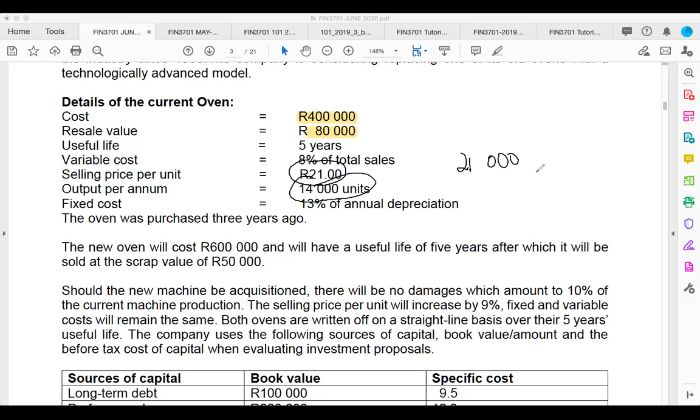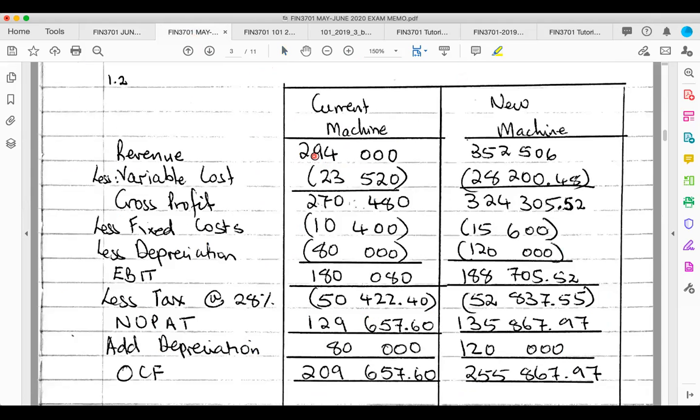So it's 21 Rand multiplied by 14,000, and we get 294,000. So these are the sales for the first year for the current machine.